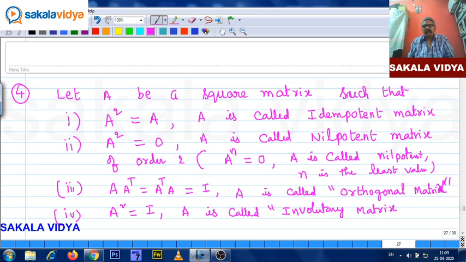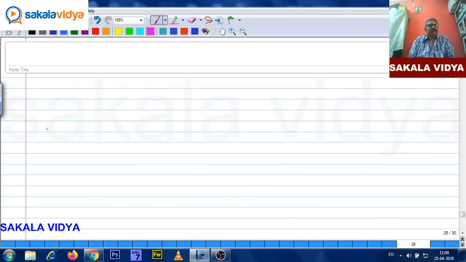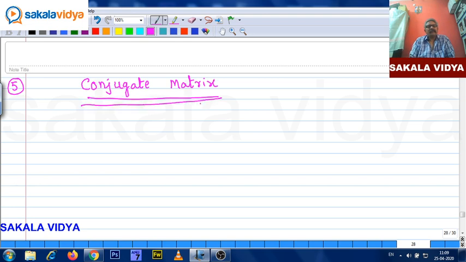So next we have conjugate matrix. For example, let the elements of the square matrix A be complex numbers, for example 2 plus i, 3 minus i, 1 and 1 plus i.